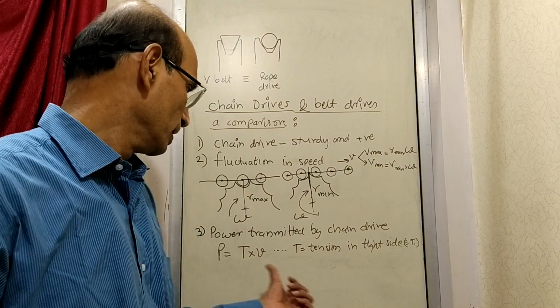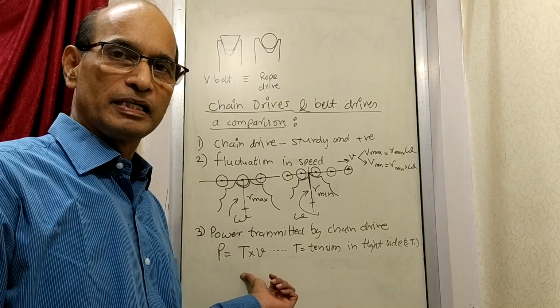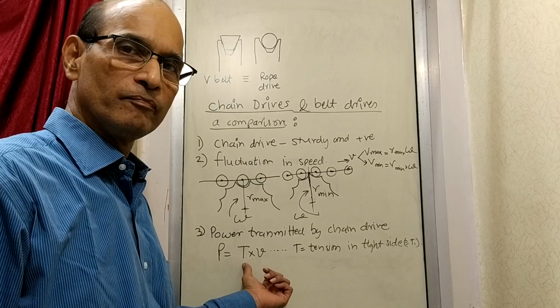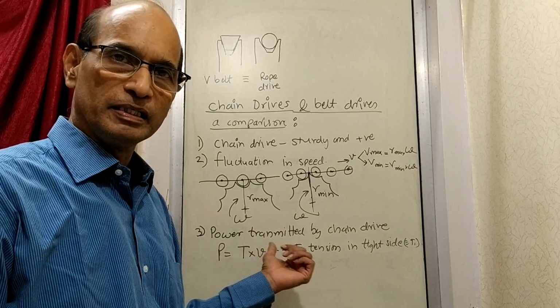Now see what we have done here. In the case of belt drive, we had T1 minus T2 into V. Now we are writing only T. Why are we writing T?